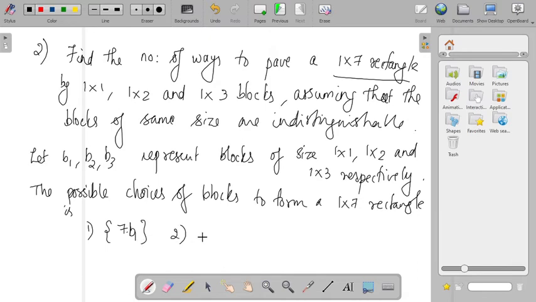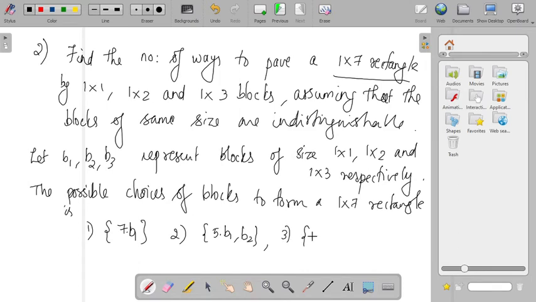So this is the first multi-set. Then you can take 5 B1 and B2, that means B2 one time.